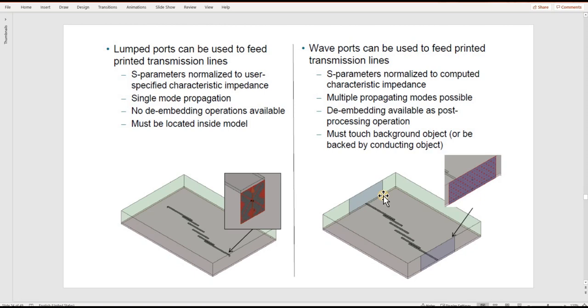Multiple propagation modes are possible through the wave port. The de-embedding feature is available as a post-processing operation. And what's the important feature of the wave port? It must touch a background object, or as I said, must be backed by a conducting or PEC object.